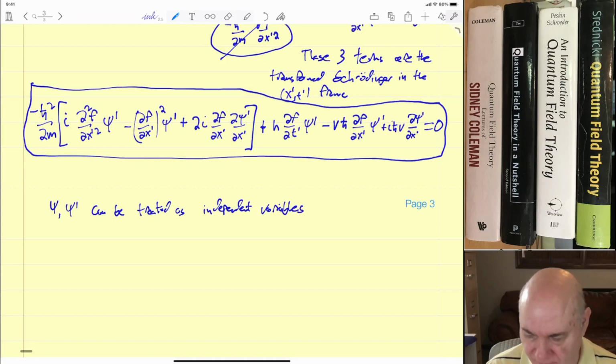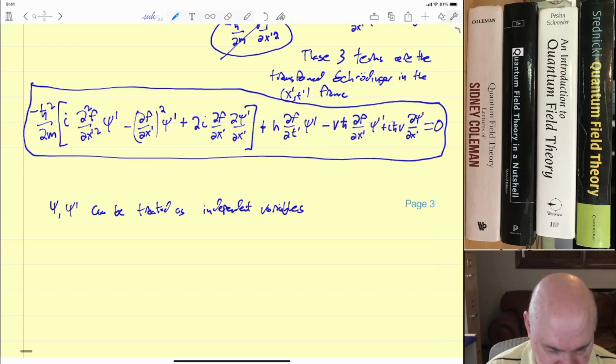One way to think about this is we have, at least for the spatial variables, a second order differential equation, the time independent Schrodinger equation, and to solve that we need to give a derivative of psi. Well, to solve it time-wise we need to just give the derivative of psi, but in a sense psi prime and the partial of psi with respect to x prime, this is hard to explain. They're not really independent, but if we can satisfy each of these coefficients separately, and we will be able to, then we'll be able to solve this differential equation. So for now, treat them as independent variables.